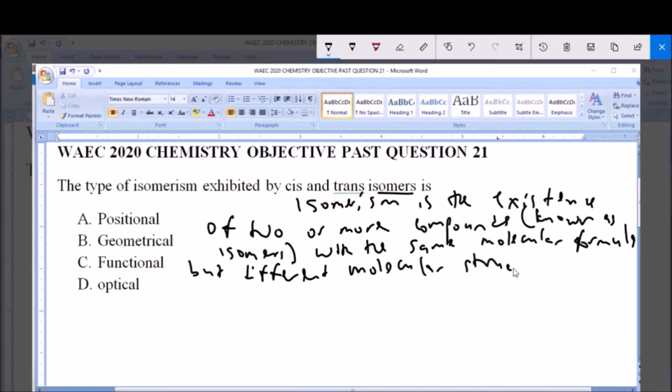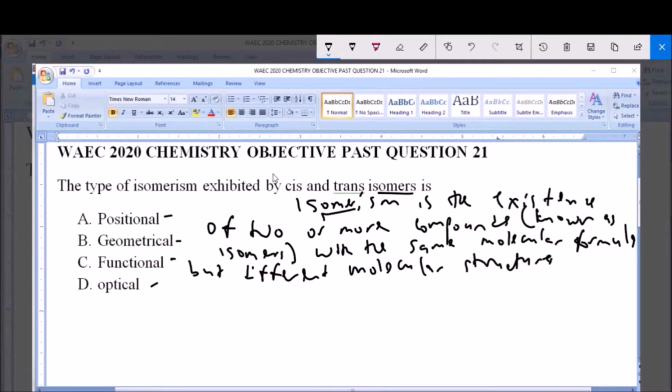So this is what isomerism is all about. So there are various types of isomerisms, and you have them represented here by each option. So let's take a look at what each of the options means and see which one best describes what is given to us in the question.